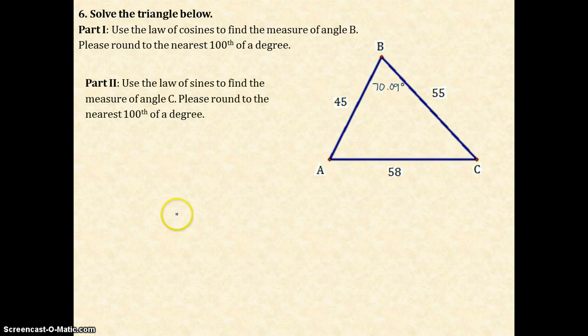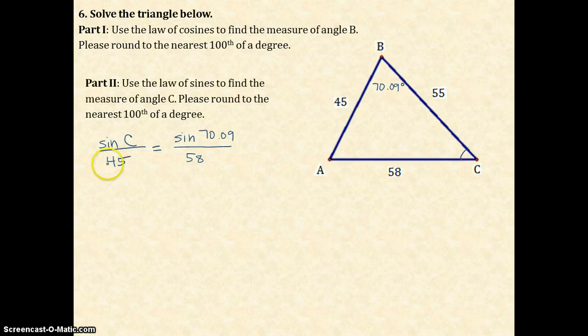Part 2 is use the law of sines to find the measure of angle C. So, measure of angle C. We have the measure of angle B and side B, and we have the side C, and we need to find the measure of angle C. So the law of sines tells us that the sine of angle C over 45, the length opposite that angle, is the sine of 70.09 over the length of the side opposite that angle.